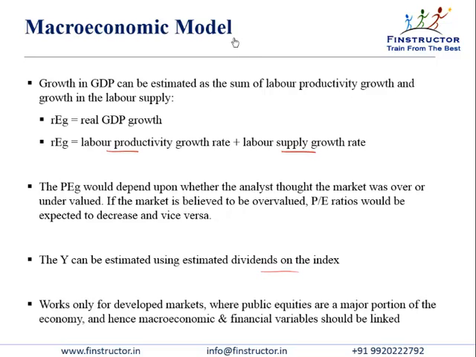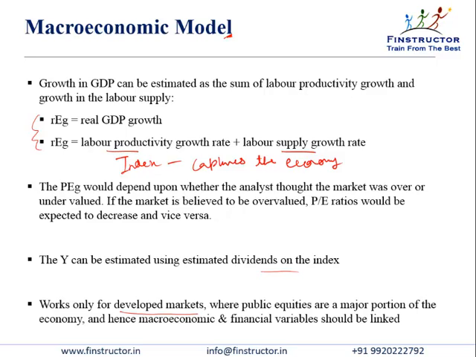Generally speaking, the macroeconomic model will work only for developed markets because of the assumption that the real GDP growth is going to mimic the earnings growth of the index. So what we are inherently applying is that the index captures the entire economy, or all companies in the country are listed, because index will only have listed companies.